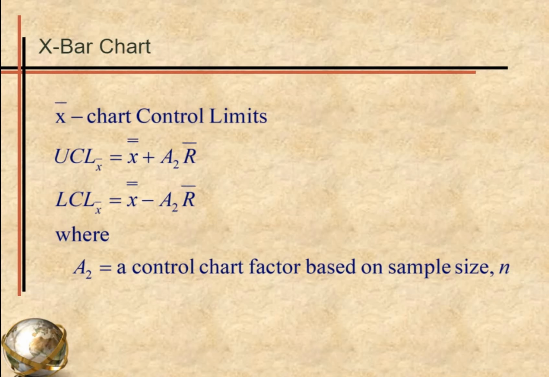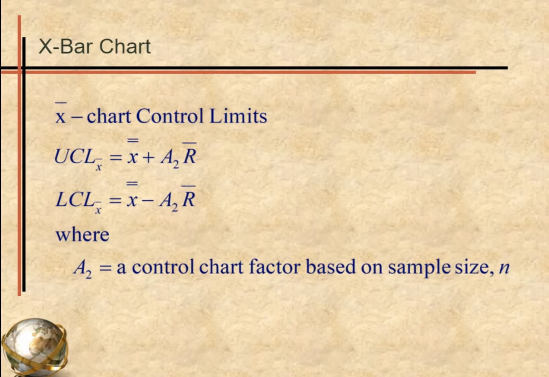For x bar, the sample mean, the sample average, here is the formula. UCL equals x bar plus A2 times R bar. LCL equals x bar minus A2 times R bar.